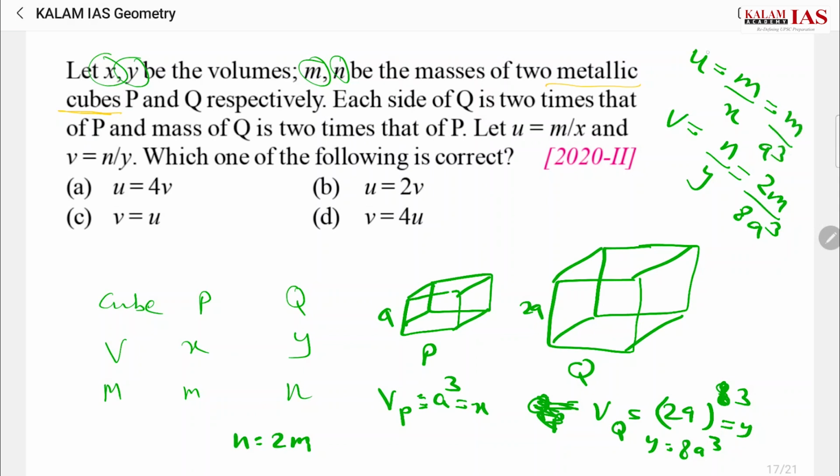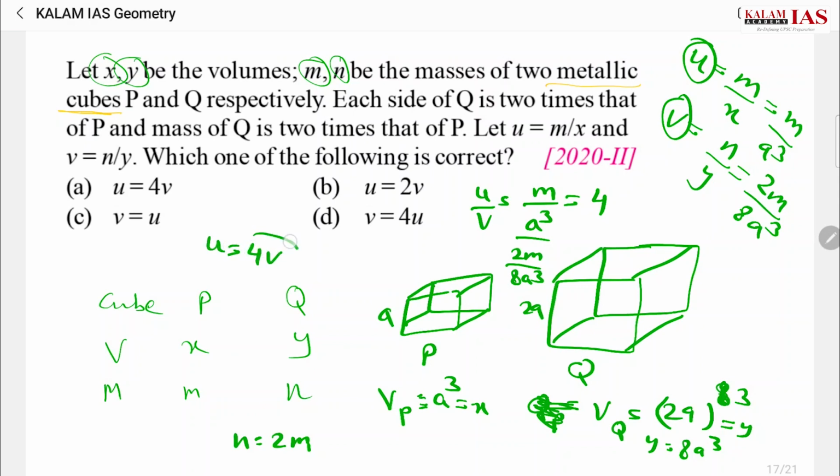Now the relation between U and V is being asked. So as we can see, U by V equals M by A cube divided by 2M by 8A cube, which is equals to 4. So U equals 4V. That is A option.